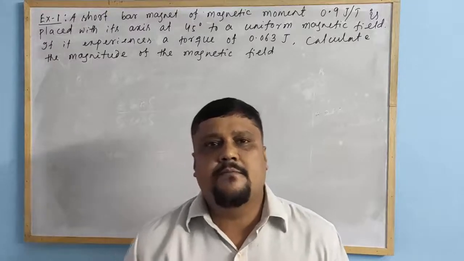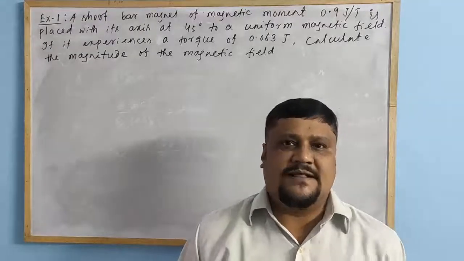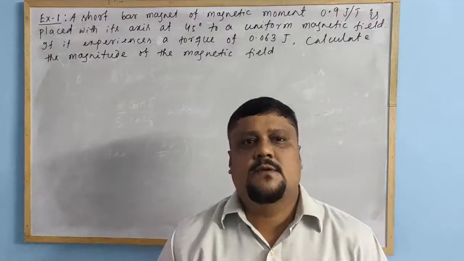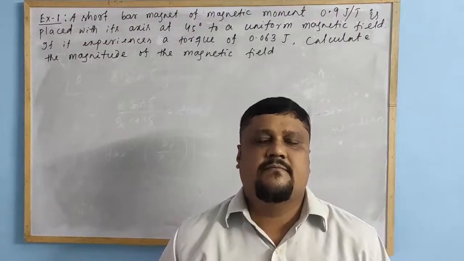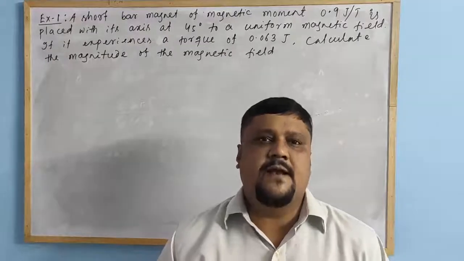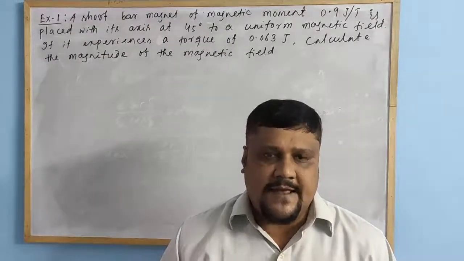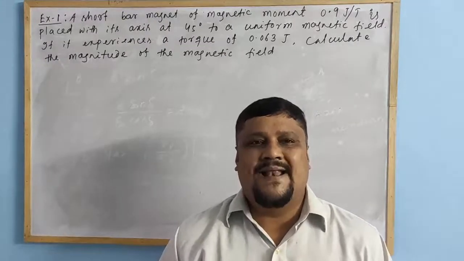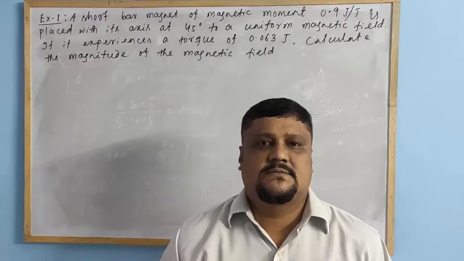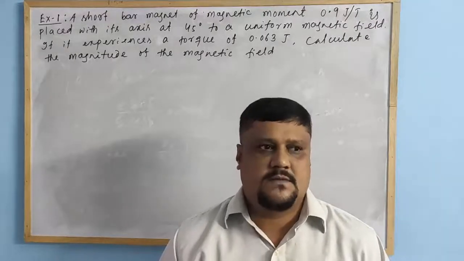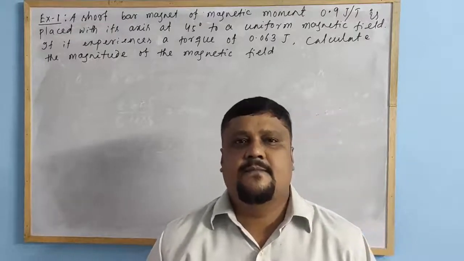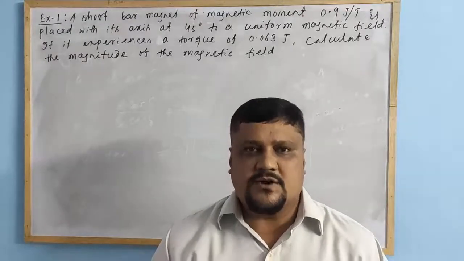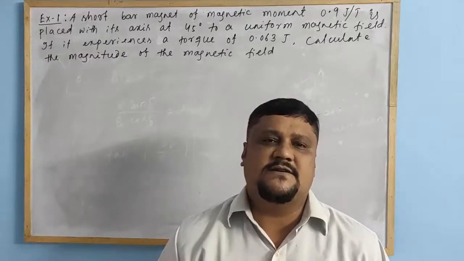in a uniform magnetic field, potential energy of a magnetic dipole placed in a uniform magnetic field, then the magnetic elements of Earth and some of the definitions associated to understand the magnetism.